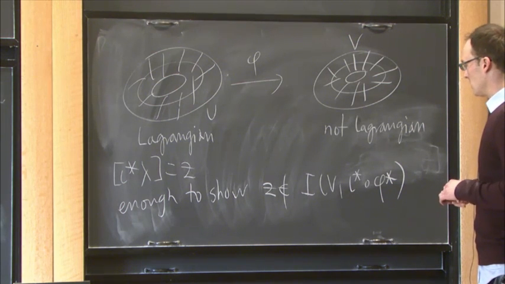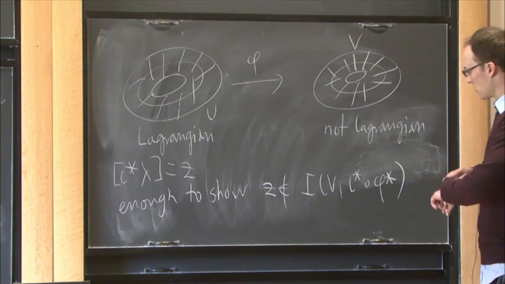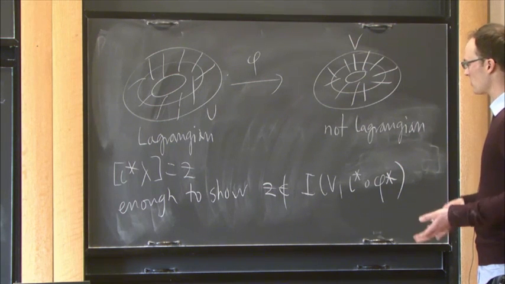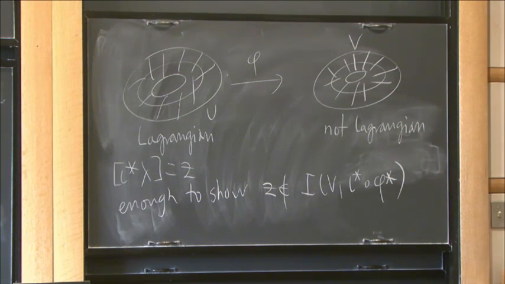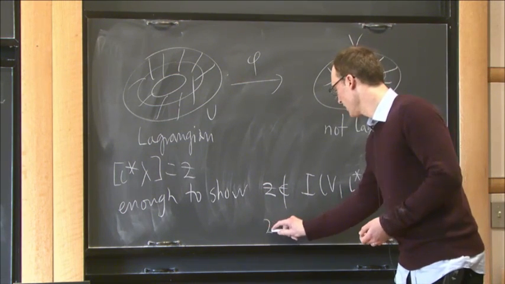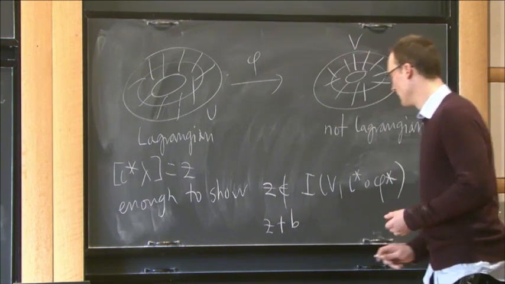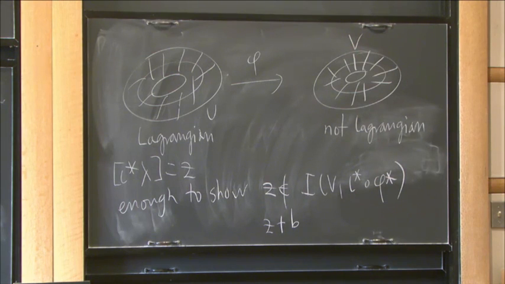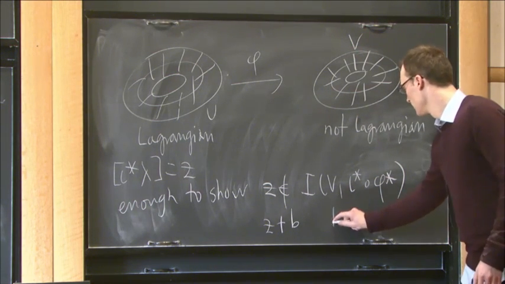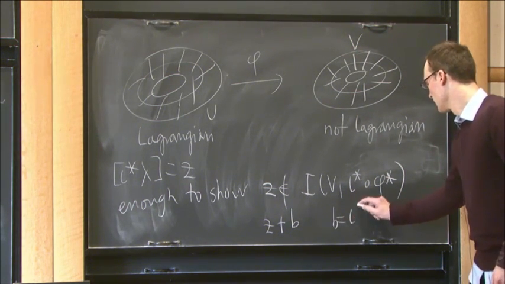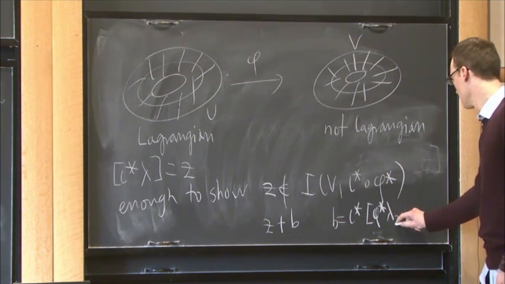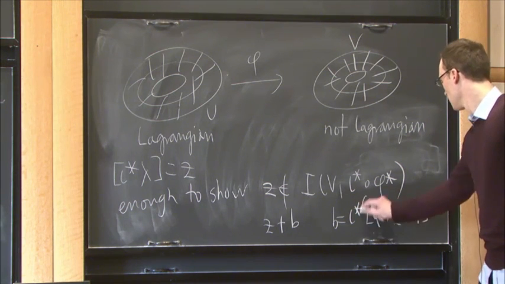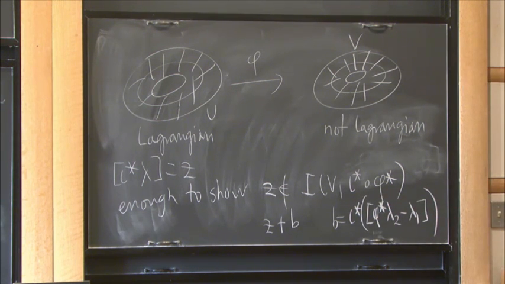Okay, I'm kind of sweeping something under the rug a little bit, namely that this is defined up to translation. So what we have over here really is z plus some vector b, but that's not really an issue.